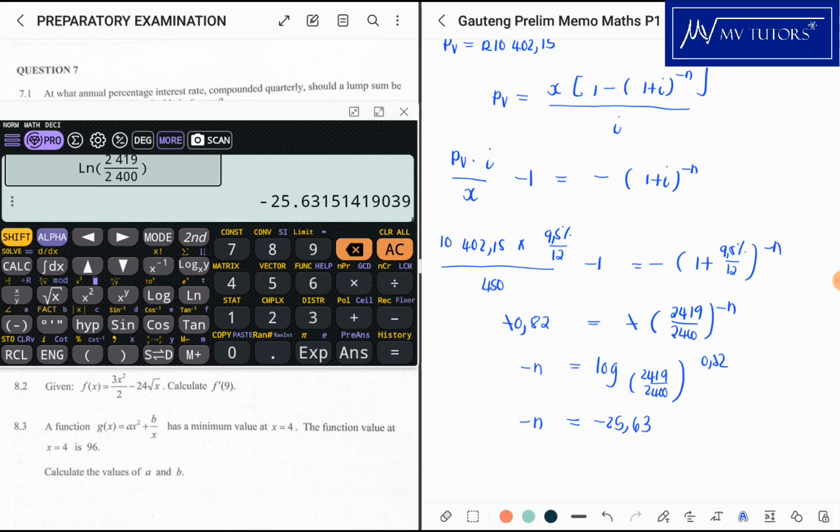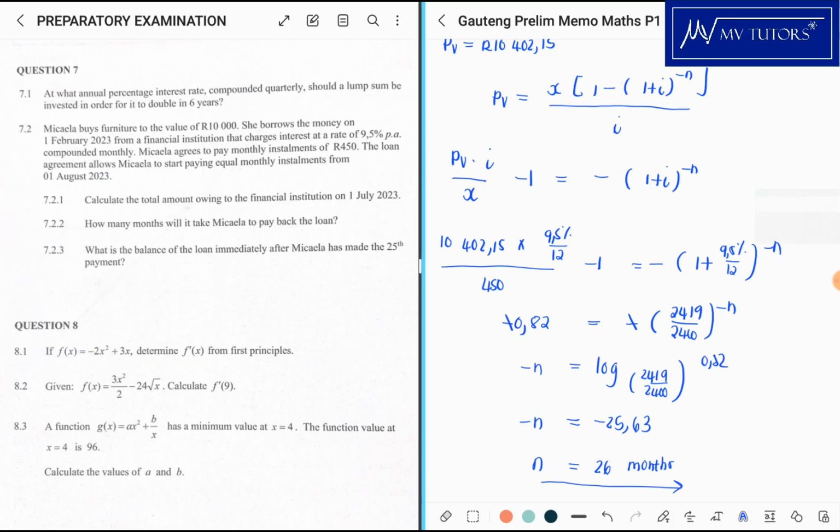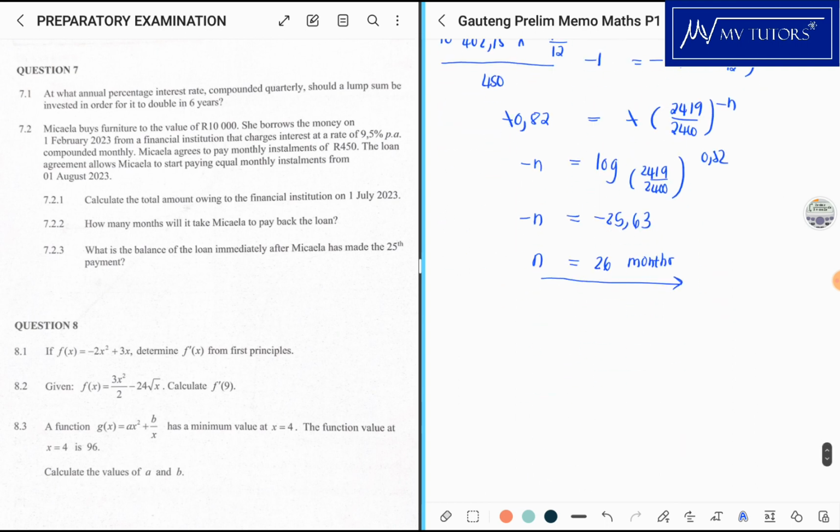But n, it's preferable that it's a whole number. So I will then say n is 26 months, since we're calculating in terms of months. That's basically the months that it will take for Michaela to pay back the loan.